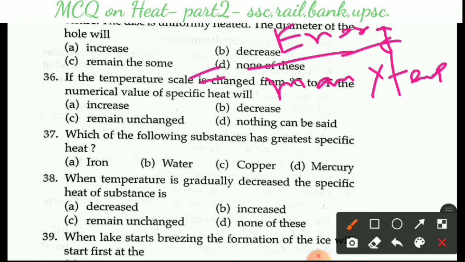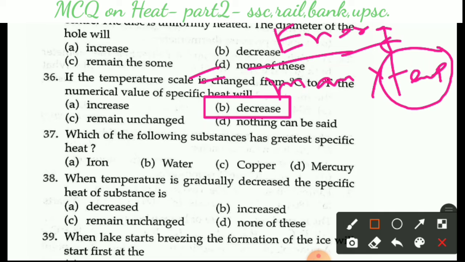When the temperature scale is changed from Celsius to Fahrenheit, the numerical value of the temperature increases. That's why the numerical value of the specific heat will decrease. So option B is the right answer for 36.